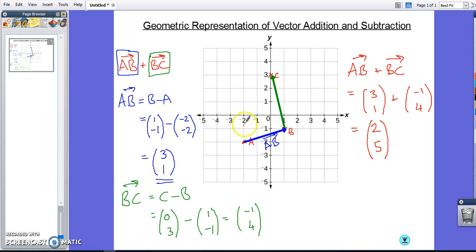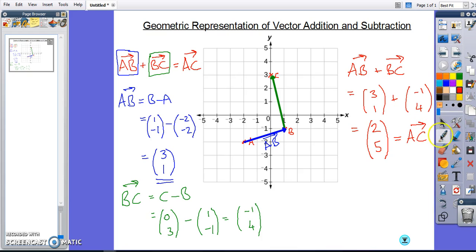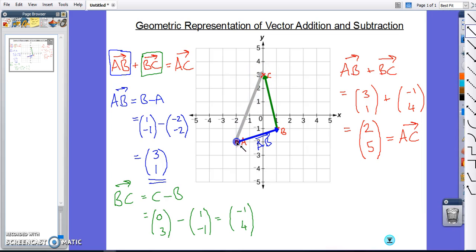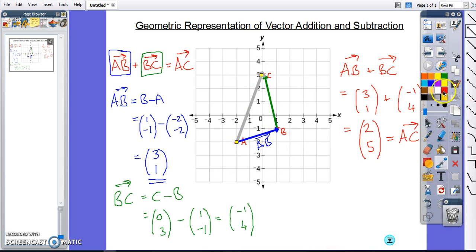And actually, that is always what happens. So if we add the vector AB to the vector BC, we get the vector AC. And this is actually the vector AC. So we go from here to here.